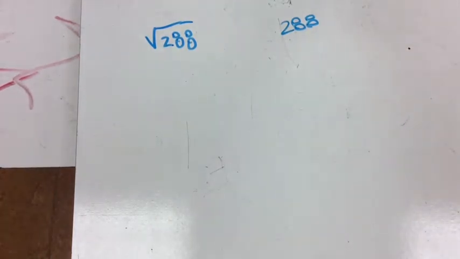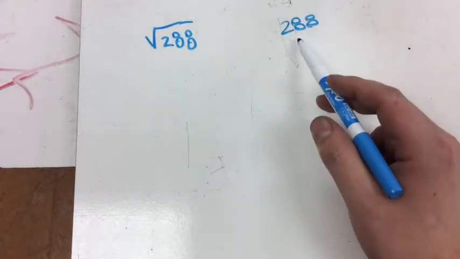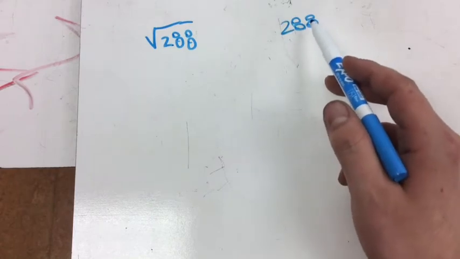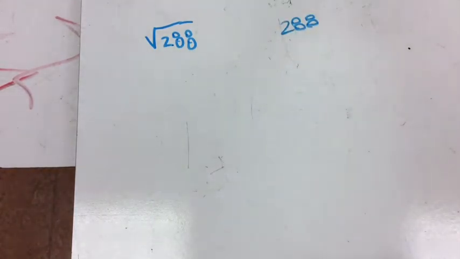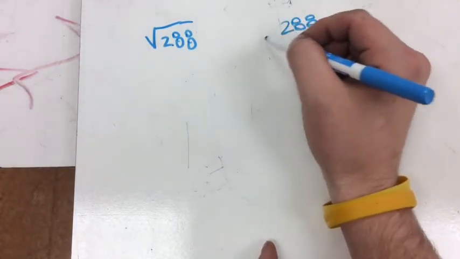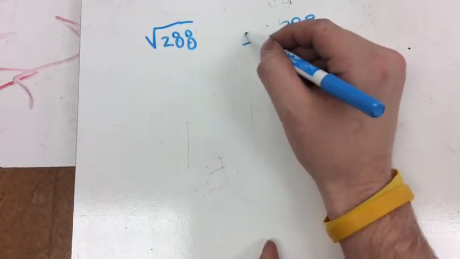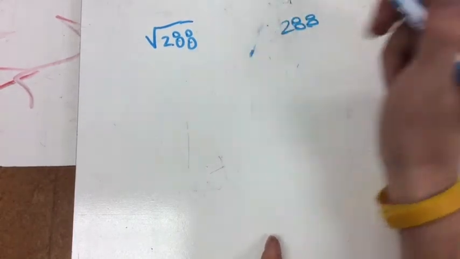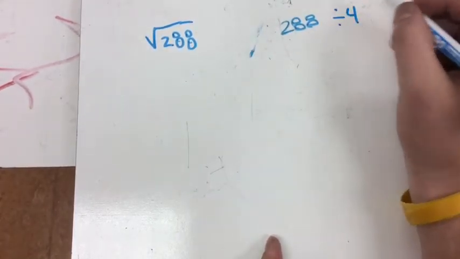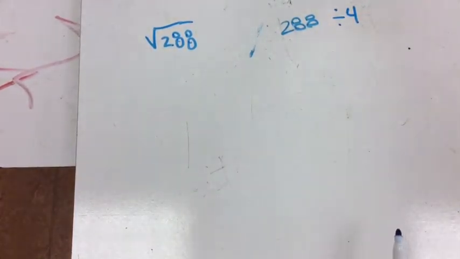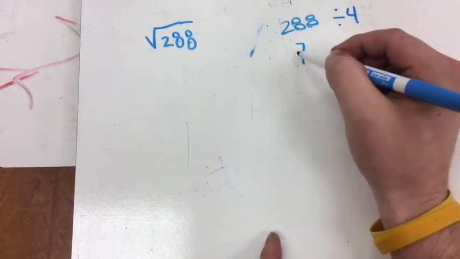The first perfect square I'm going to try to divide by is 4. There's an 8 here, it's an even number, something tells me that 4 is a good starting point. So I'm going to divide by 4, and that's going to give me 72.